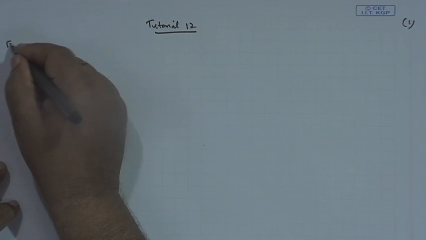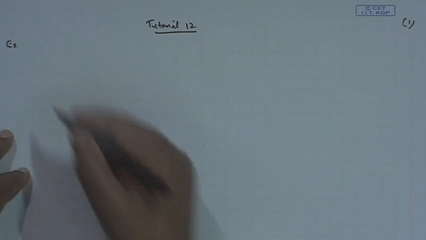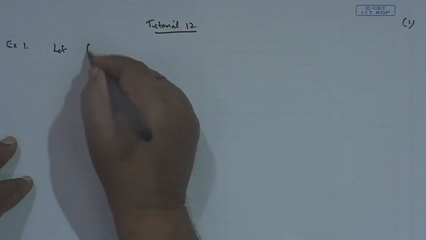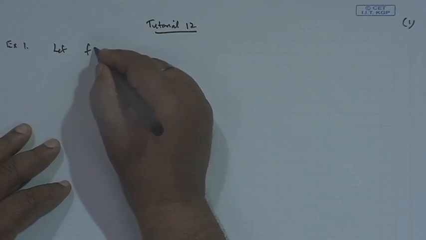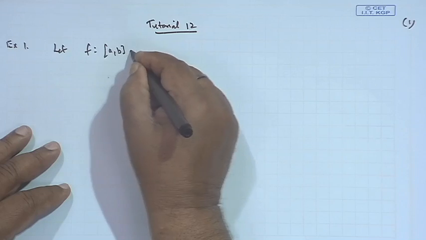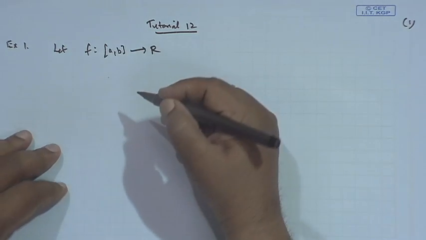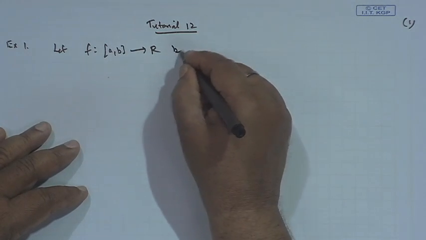So, first problem is, let f, a function from [a, b] to R, be a bounded function.